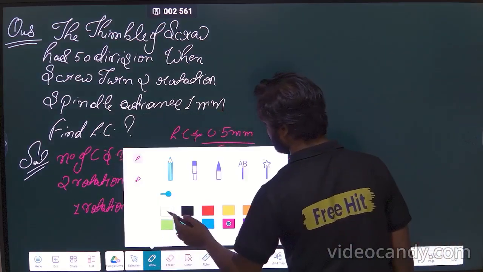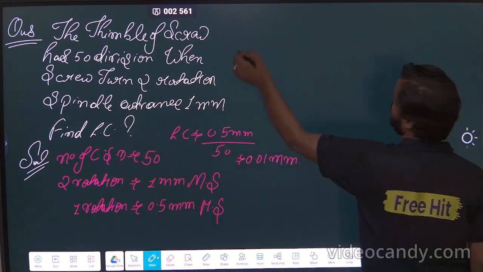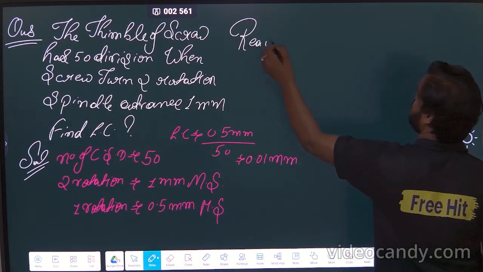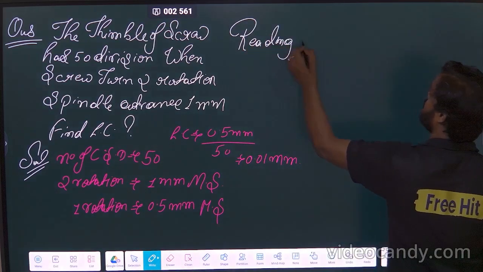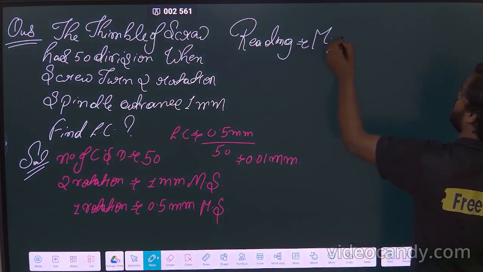Now the second thing, how to take the reading, that is very easy, simple. My reading formula will be the same as you learned in the vernier caliper. What is my main scale reading?